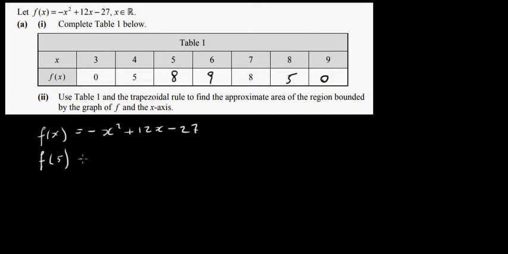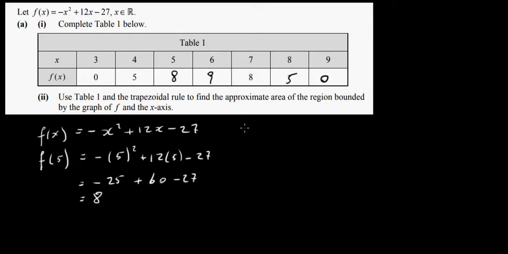So we put in 5 instead of x here, slot it into our function instead of x. So it's minus 25, plus 12 times 5, which is 60, minus 27. When you do that, you get 8. And I put the 8 in here.